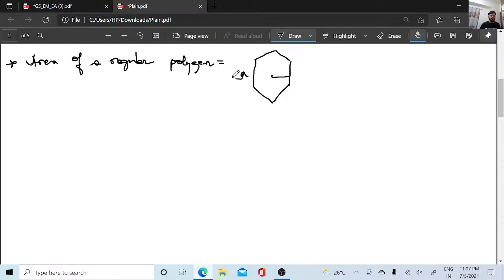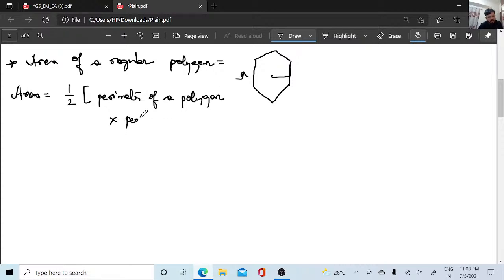So the area of a regular polygon, according to the formula, is half into the perimeter of the polygon, multiplied into its perpendicular height.